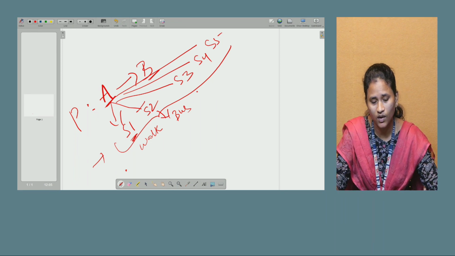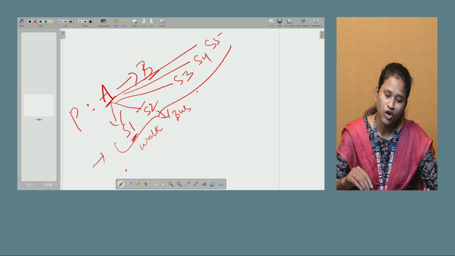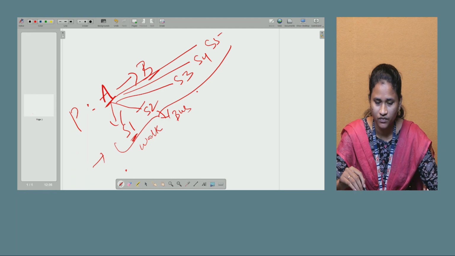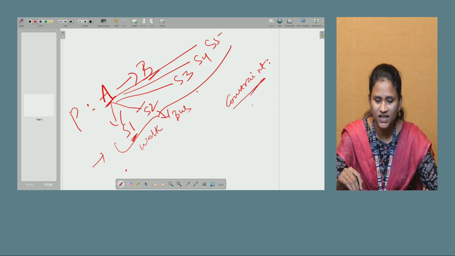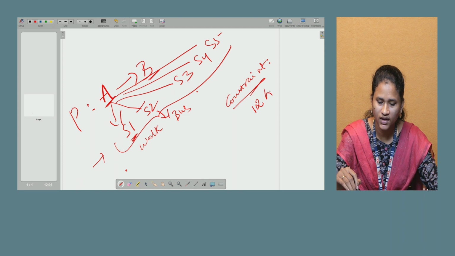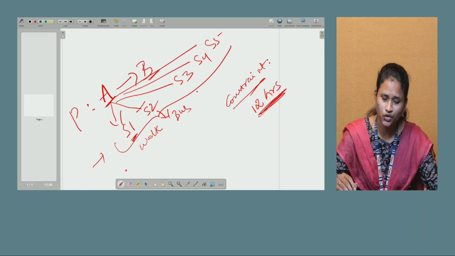So now, what is the difference for the greedy method, or what is the terminology we are going to use? The problem is we have to reach from A to B, and here I am going to take one constraint, that is one condition. My condition is, I have to reach from A to B within 12 hours. This is the time limit I have assigned for the problem.